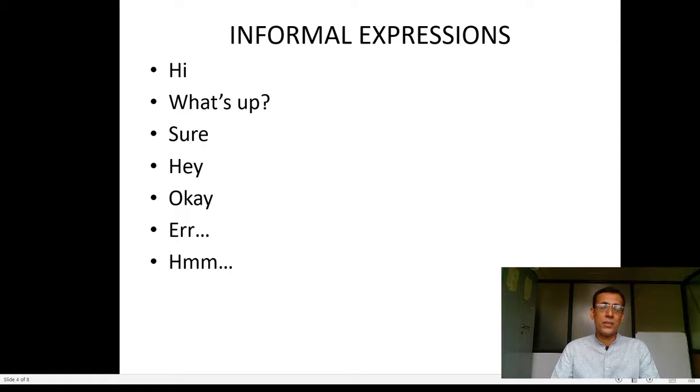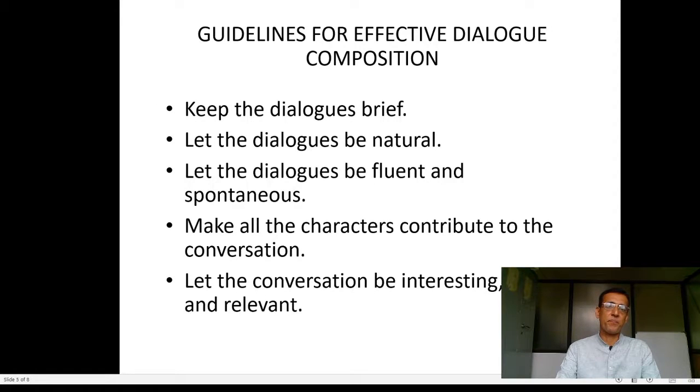You can greet someone with "hey" or "hi," or you can say just "okay" or "hmm." So these are all short expressions used frequently in informal situations.